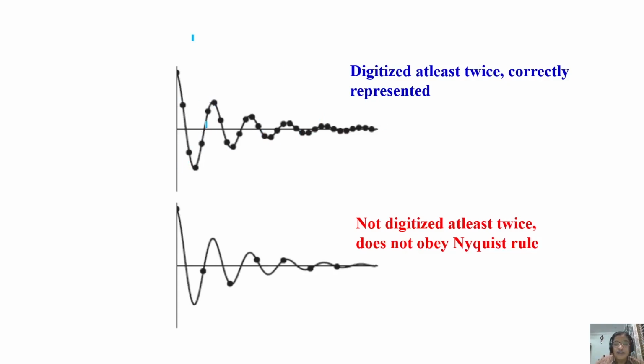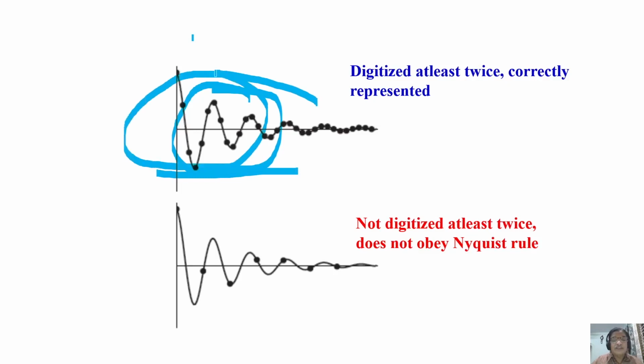You can measure the frequency from this oscillation. From here to here is one period, and that shows 6 to 7 points. It is digitized much better than what is required, since you require at least twice digitization. So this is very well characterized, represented correctly.